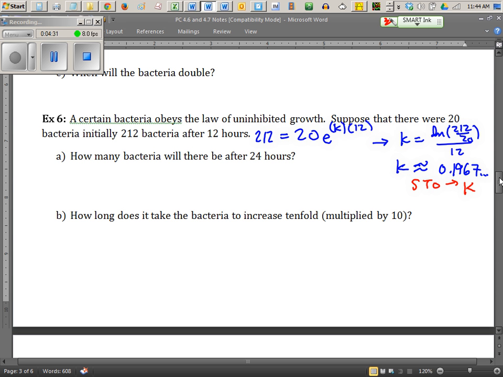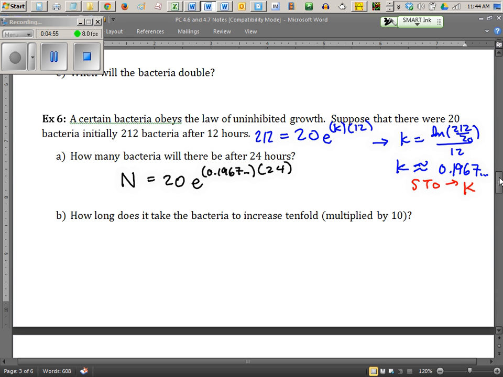And let's go to the question now. Part A says, how many bacteria will there be after 24 hours? So you're going to go, the number of bacteria will be the starting amount times e to the kt. T is 24 hours.